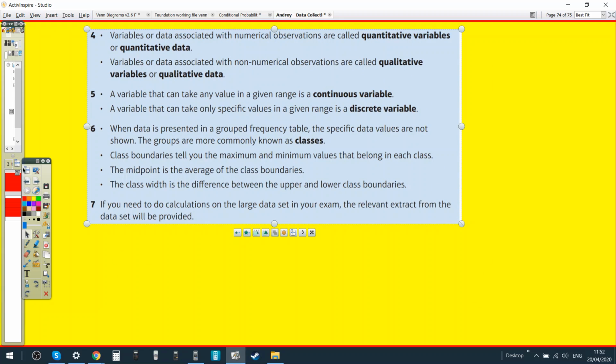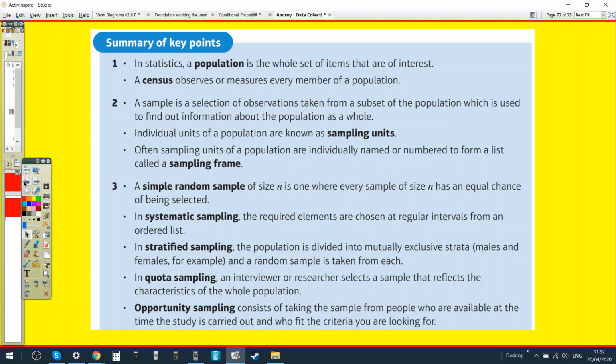What is qualitative and quantitative data? Qualitative is more opinion, quantitative is numbers. Yeah, so qualitative could be words. Discrete and continuous? It's discrete when it's like shoe size, where you can't have a 7 and a third shoe size.